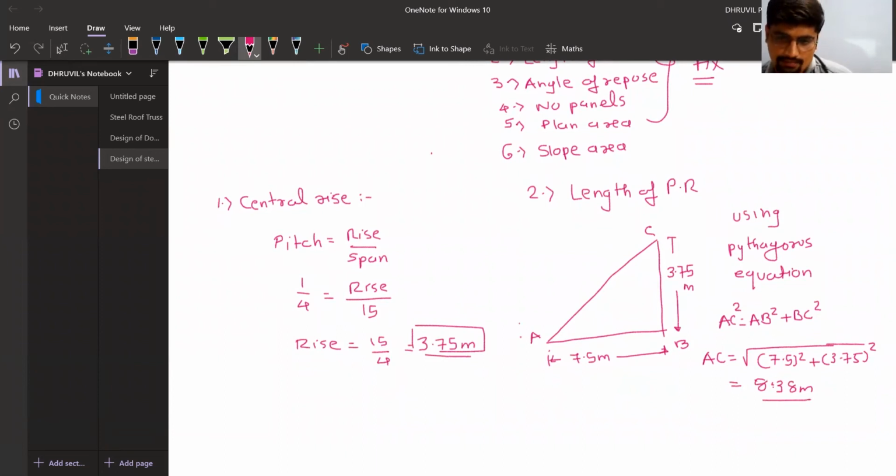So the length of PR is 8.38 meter. Okay, done. So we have completed two things.